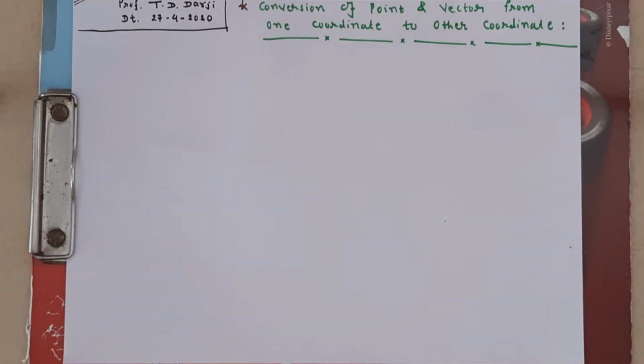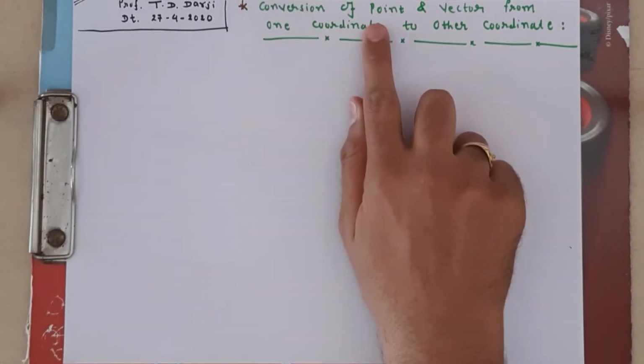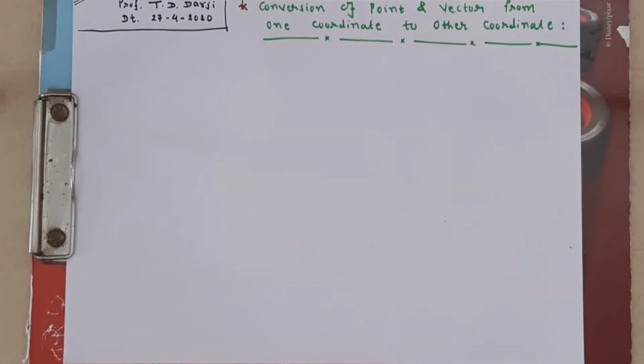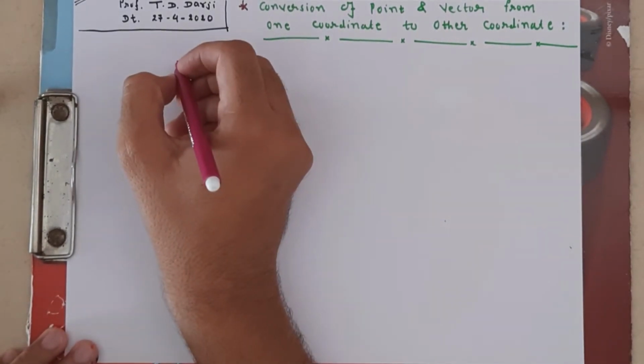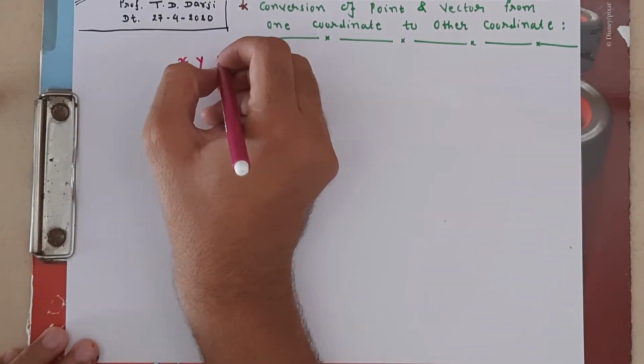So in today's lecture we discuss how to convert a point and vector from one coordinate system to another. As we know, there are three types of coordinate system. First is the Cartesian coordinate system, represented using x, y, z.